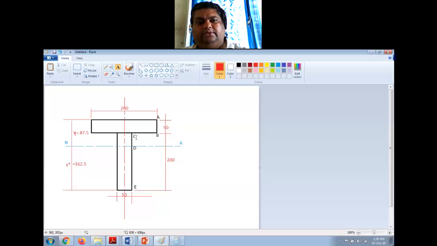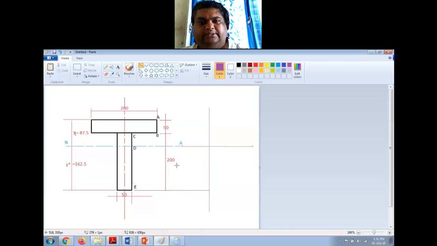Now I have shear stress at all the points, so I can draw the shear stress distribution curve. So for this, let me use a different color which I have not used. Use purple now. What you have to do is first draw a reference line, vertical line, and then you project all the points onto this line.